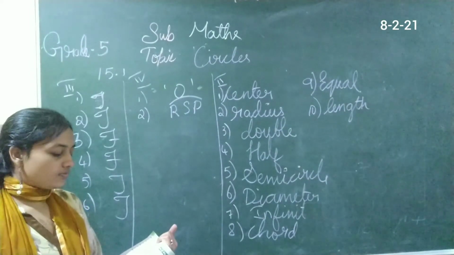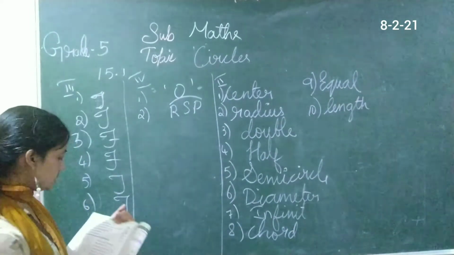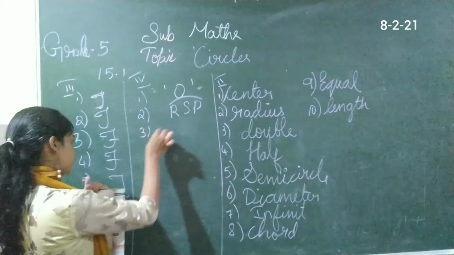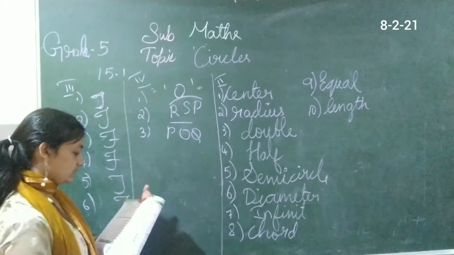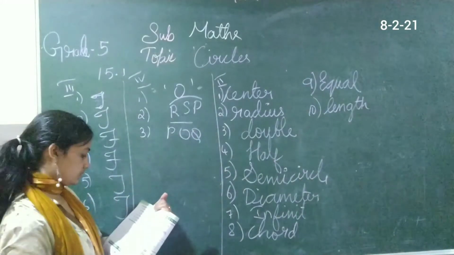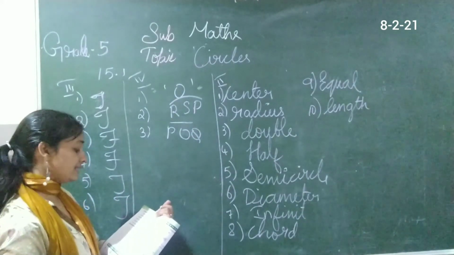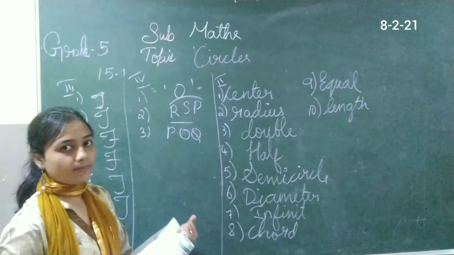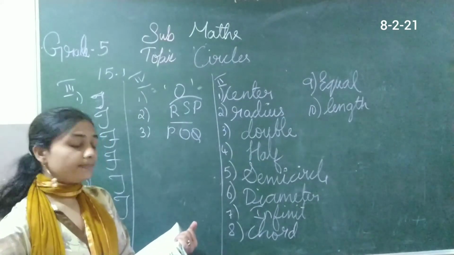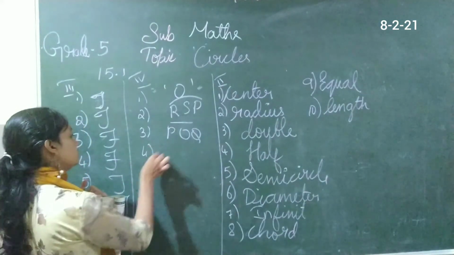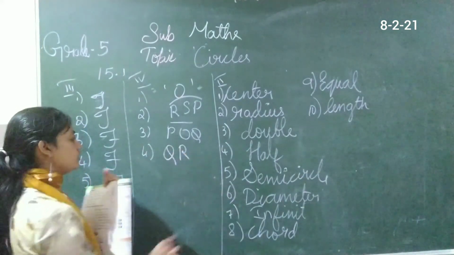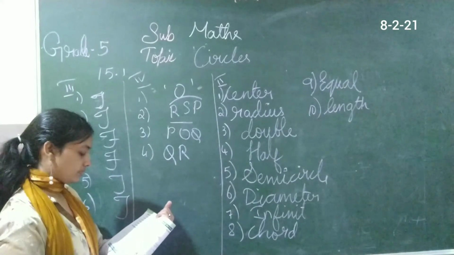The diameter of the circle, which is the diameter in this picture? It is the line POQ. This is the diameter of the circle. The chord of a circle. You can write even the diameter is a chord, but you already have a separate chord given in the picture, that is QR, or you can also write it as RQ.